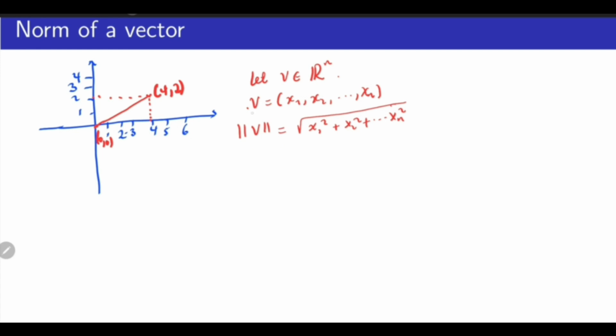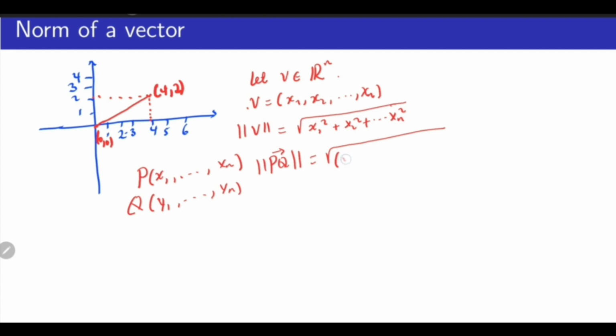And we are assuming the initial point of the vector is the origin. So if you have 2 points, let's say P having the coordinates x1 up to xn, and Q, which is given by y1 to yn, then the norm of the vector PQ is given by the square root of (y1 minus x1) squared plus up to (yn minus xn) the whole squared.